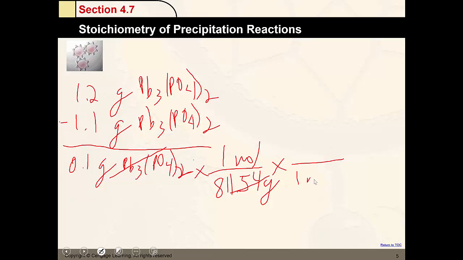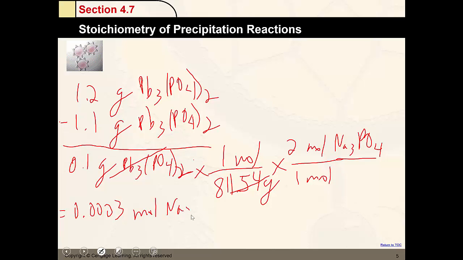If you look back at those coefficients, for every 1 mole of lead phosphate, there's 2 moles of sodium phosphate. So now what we get here, we get 0.0003, 3 times 10 to the negative 4, moles of sodium phosphate.